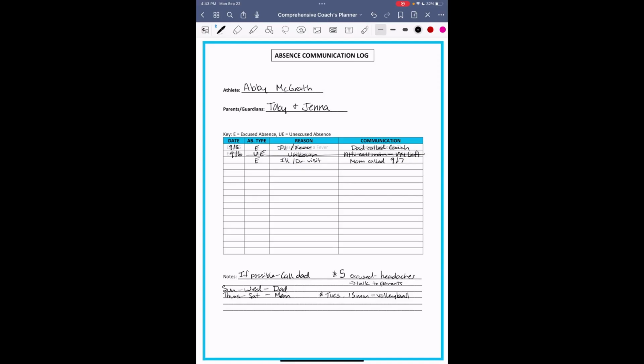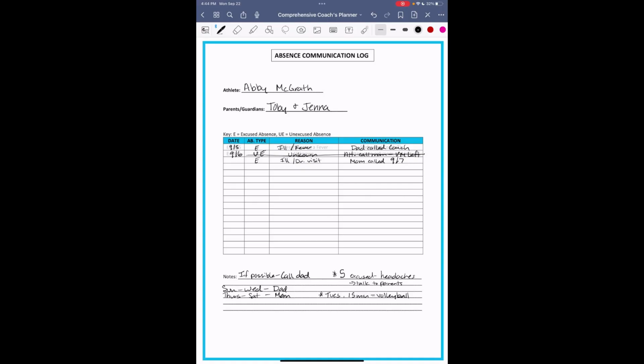But it's a good reminder for us that we're already aware of this, and this probably doesn't need to be communicated by parents every week throughout the volleyball season. We just have that information, we're aware of it, and we have it documented. But it also gives us guidelines that if Abby is late longer than that 15 minutes that we've agreed upon for her to get from volleyball to cheerleading, we can have that conversation, that absence or tardy can then be noted, and we can go from there.